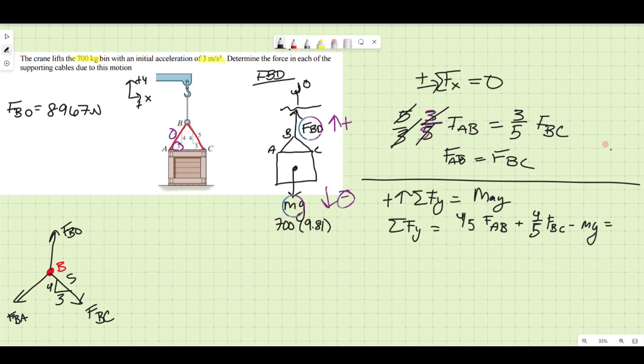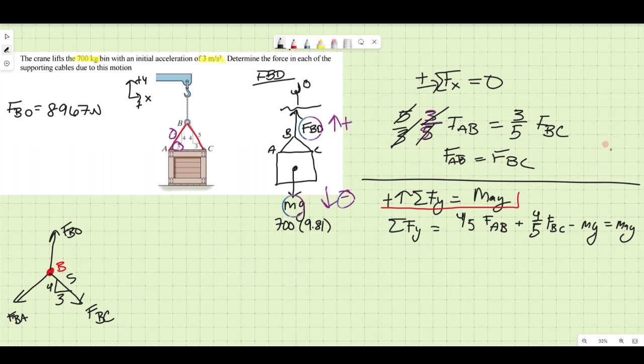And this will also equal m a_y, from our previous statement.